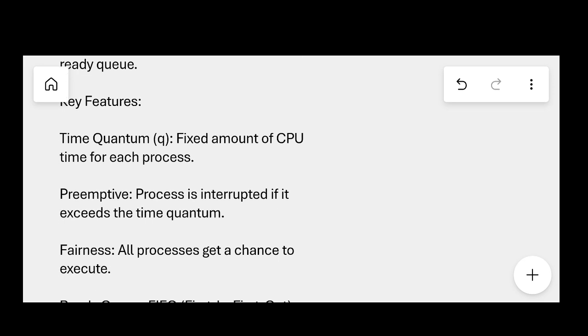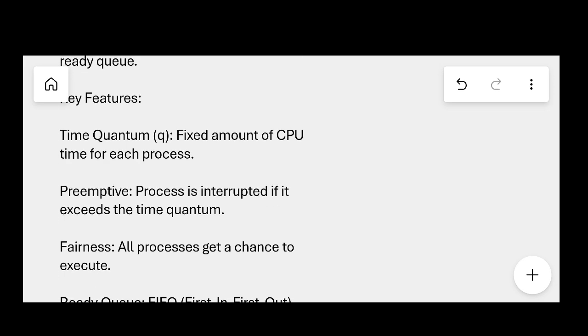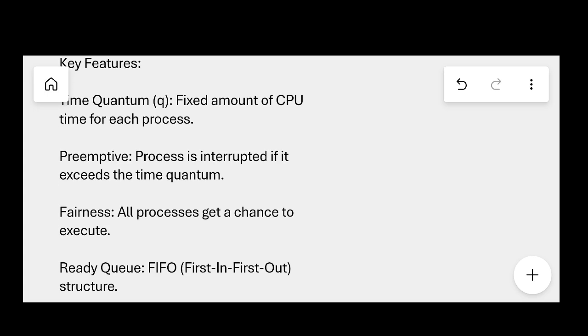Then the ready queue: the processes are stored in a ready queue in FIFO order. It's fair because every process gets a chance to run.